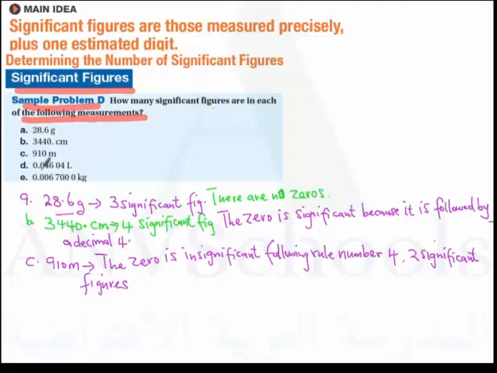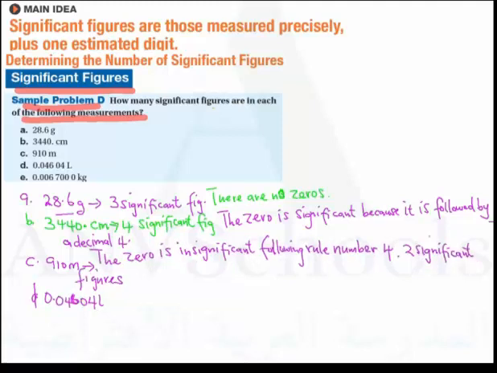The next one is D. For D, we have 0.04604. As you can see, some of these zeros come before the other digits. Following the rules, these first two zeros are insignificant.